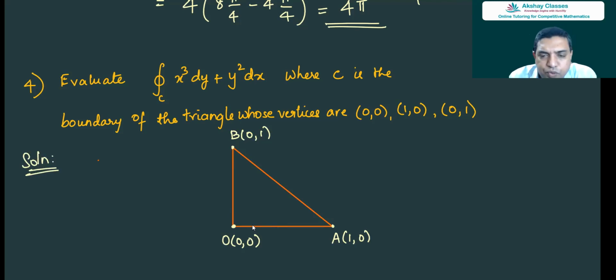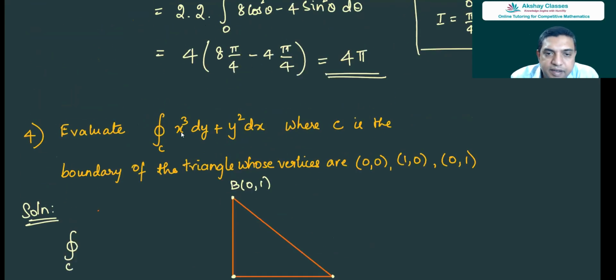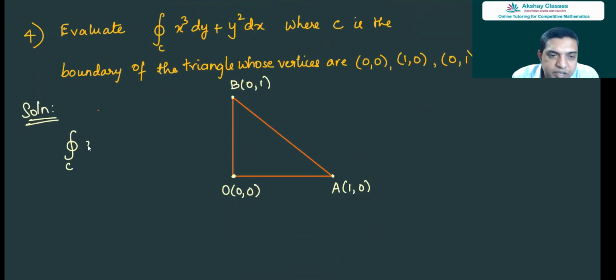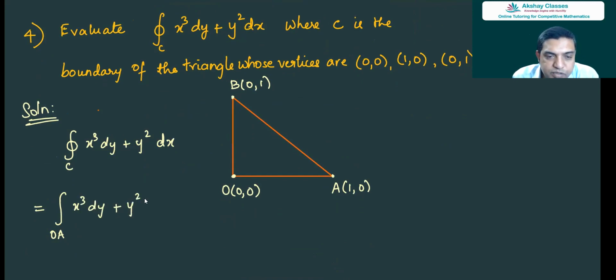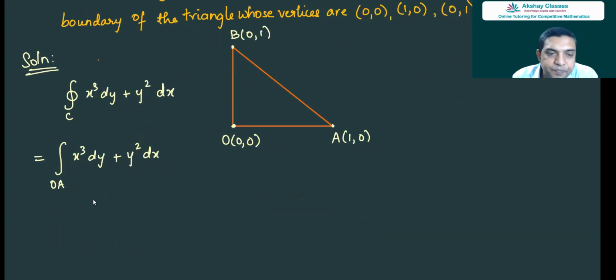So when we have to do a loop like this, integral over C of x cube dy plus y square dx will be integral along OA of x cube dy plus y square dx. We will simplify this and see later.